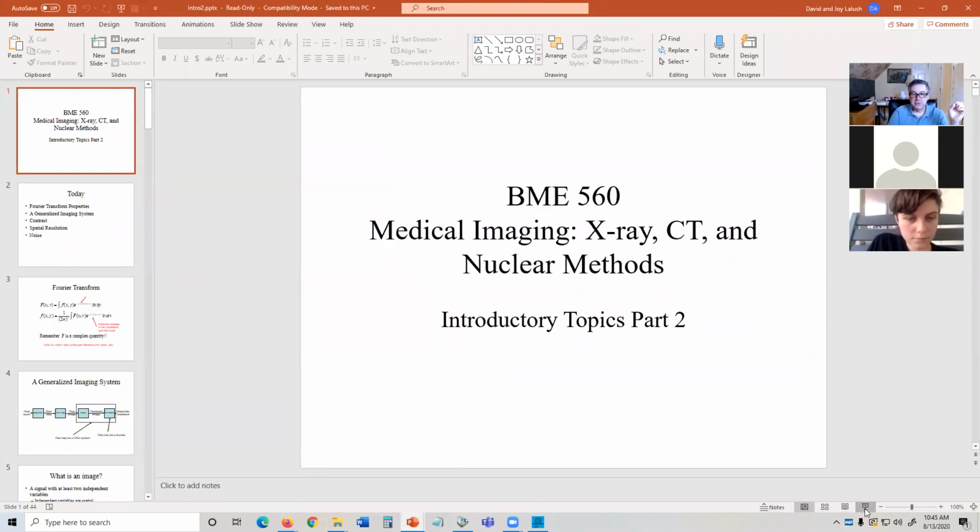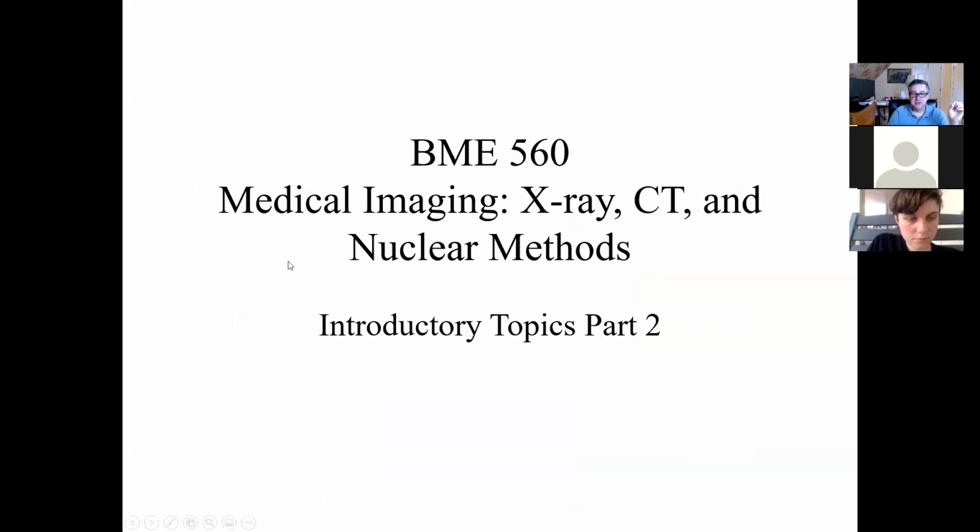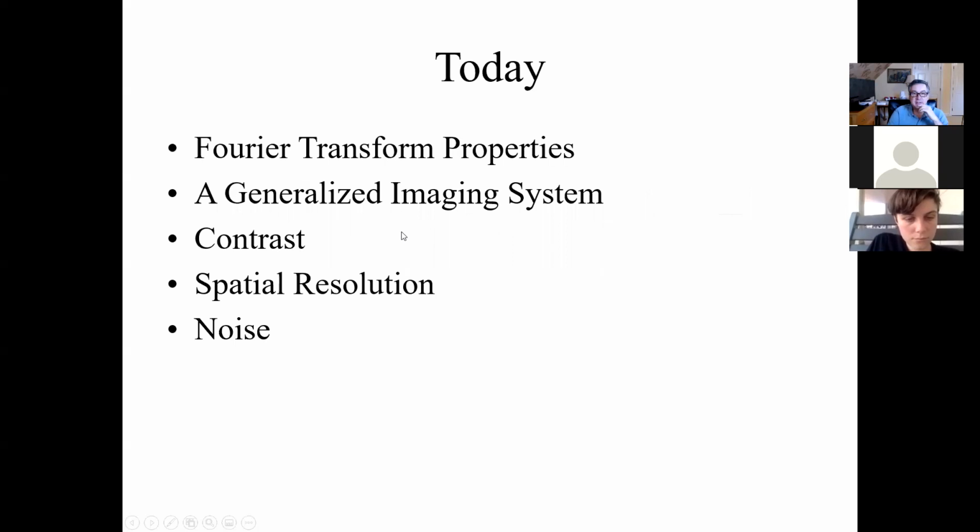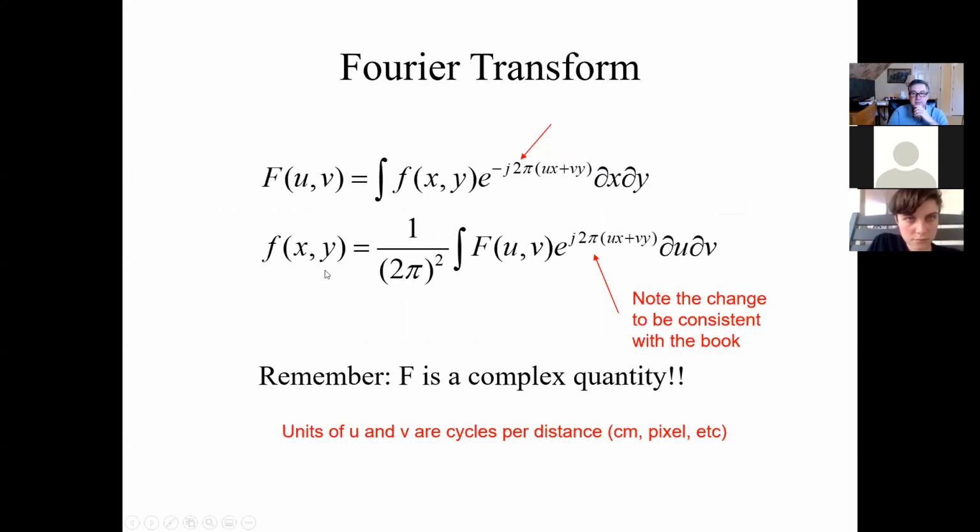So part 2 of introductory stuff is going to be a little bit more on the Fourier transform. When we used a book, I used U and V as frequency variables to be consistent with what was in the book, and this is often used, as I said last time.